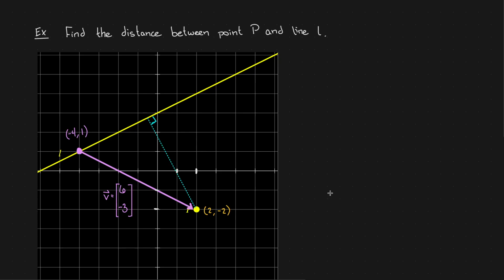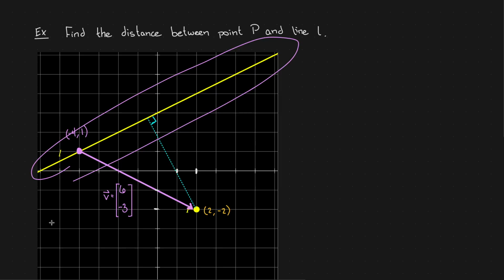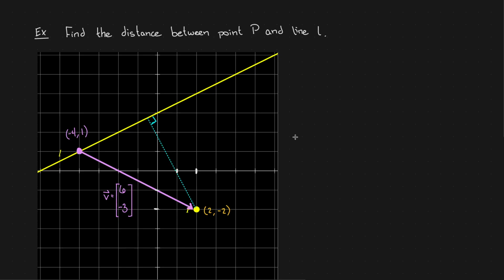Okay. Now what I'm going to do is find the vector projection of vector v onto line L. To do that, I need a vector pointing in the same direction as line L. So I'm going to take, again, 2 points that I know are on line L, and I'm going to draw a vector between them.